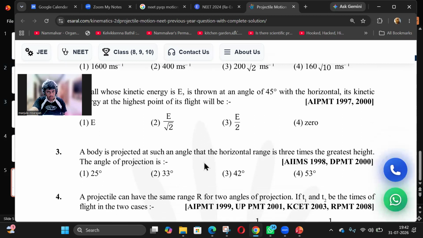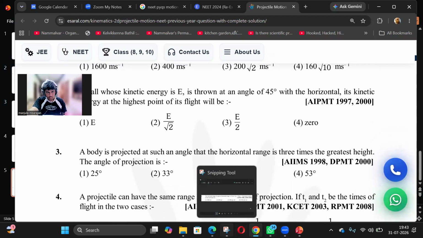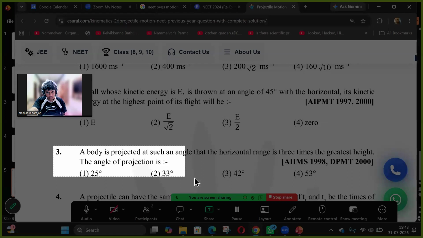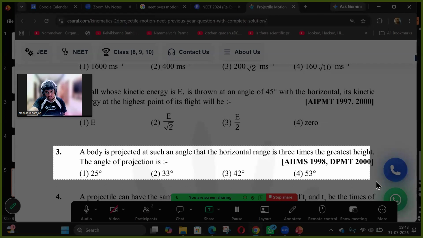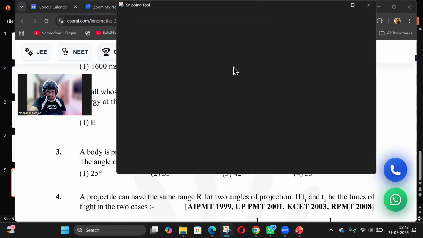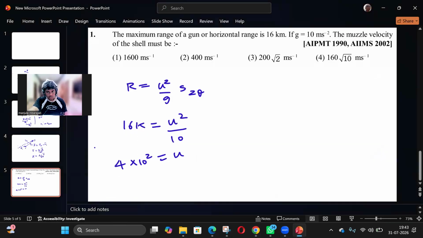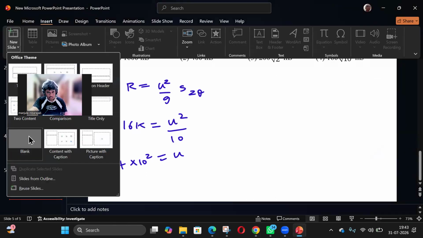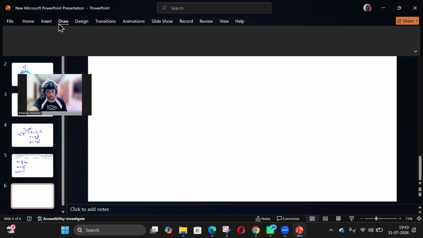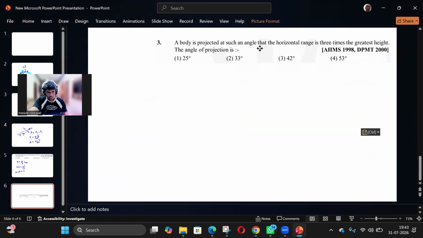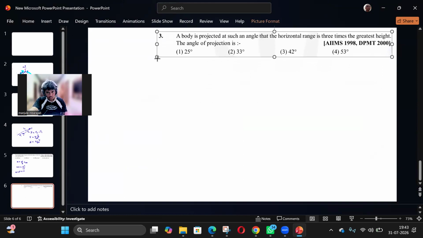This is a good question. You have to know the formula for R and H. Formula for R, H, you remember.